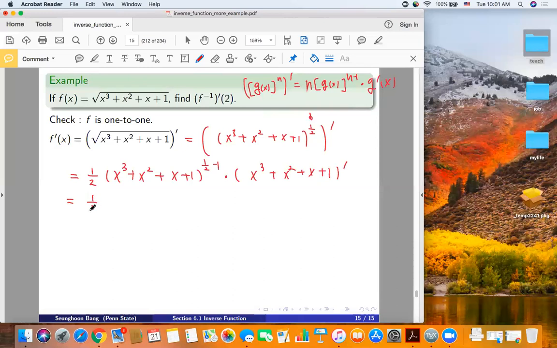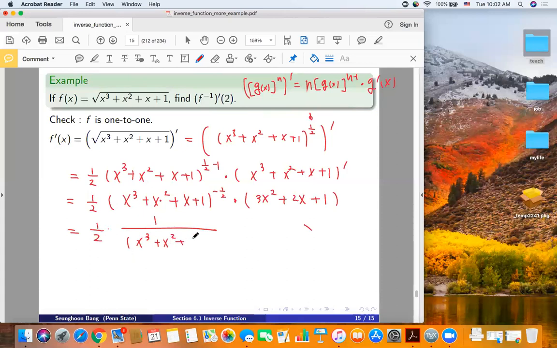So simplify. 1 over 2, with the negative exponent, times the derivative. What's x cubed prime? 3x squared. x squared prime is 2x. x prime is 1, 1 prime equals 0. So change it to the positive exponent. This is 1 over x cubed plus x squared plus x plus 1 to the power 1/2, times 3x squared plus 2x plus 1.